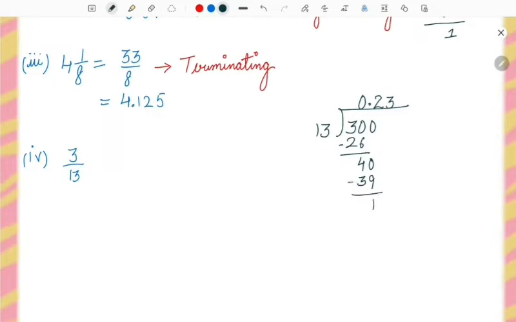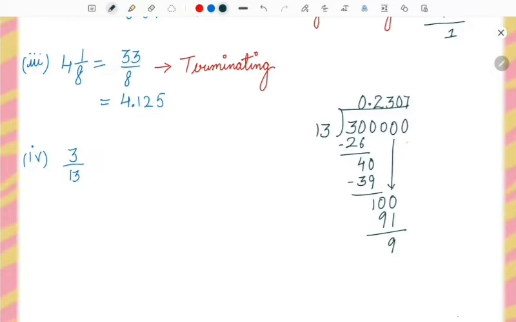The remainder would be 1. 1 doesn't come, so we are adding another 0. We'll add 0 to the dividend and 0 to the quotient because 10 doesn't come in the table of 13. We'll need another 0. 13 7s is 91. The remainder would be 9.